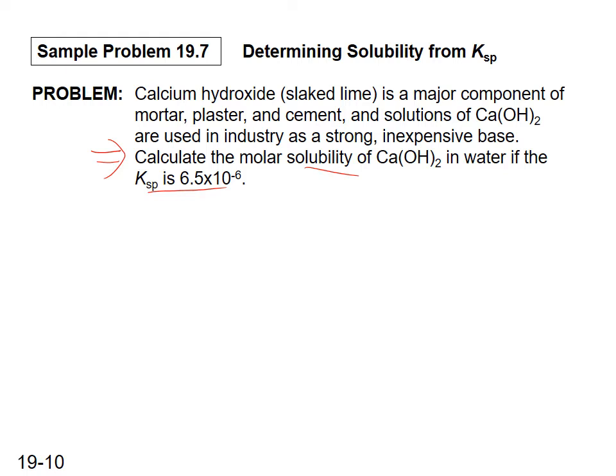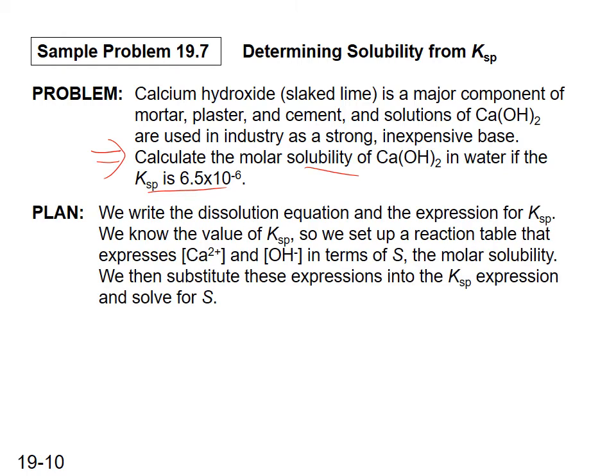So in this kind of question, we need to set up the dissolution reaction and the reaction table, and we assume the solubility is an unknown, for example, S. And then we express the concentration of the 2 ions as a function of S, and then write Ksp to solve S.